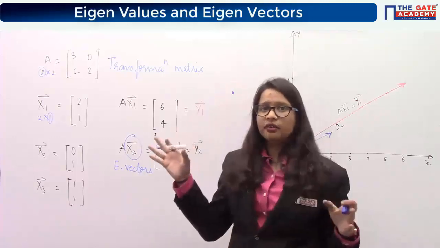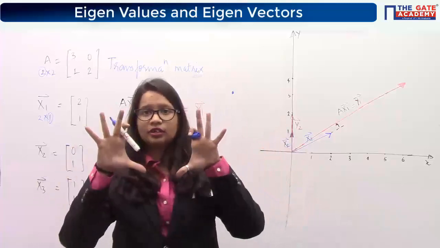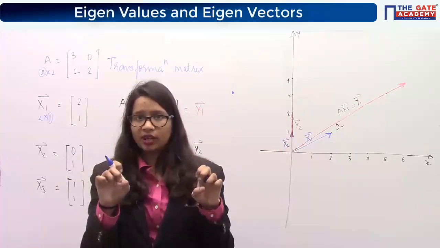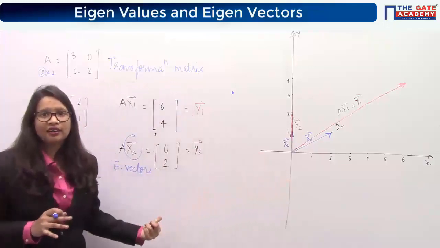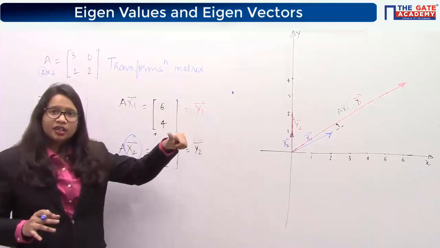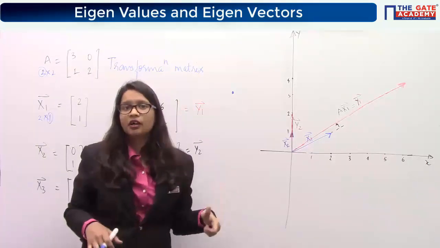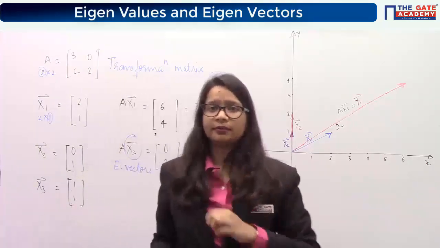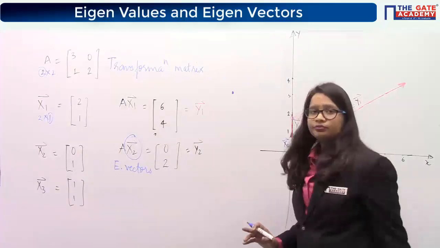Its direction will not change, only its magnitude will change. Its magnitude will get zoomed in or zoomed out. Okay, yes or no? Direction remains the same. That point is actually representing your eigenvector for that particular operation. Understood? So these are very important.